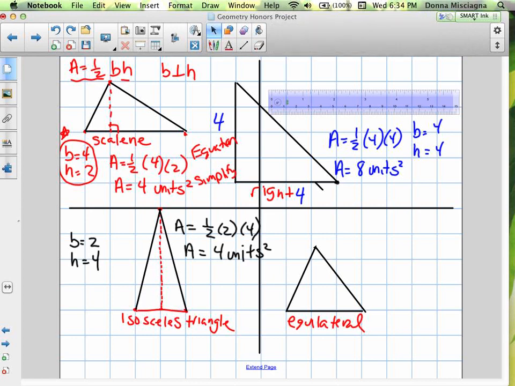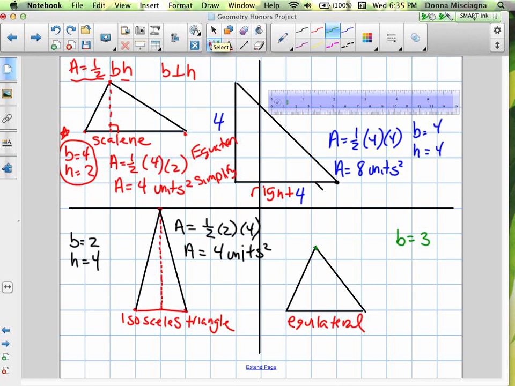The last one here, the base is easy enough to figure out. It's 1, 2, 3 units. If in trying to get your triangle to be equilateral, you end up with like this, you can measure it. And I would measure it too if I could. Now, here's another alternative.